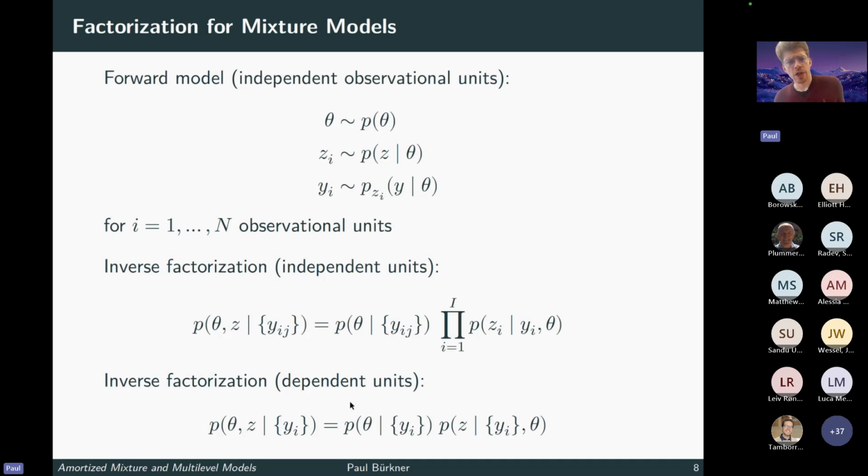Okay, so under the forward model, and assuming this kind of exchangeable independent observations, we would first sample from our hyperprior P of theta. So we would first sample theta. Then from the mixture index distribution P of z given theta, we would sample our mixture index, which would determine which observation belongs to which mixture component.